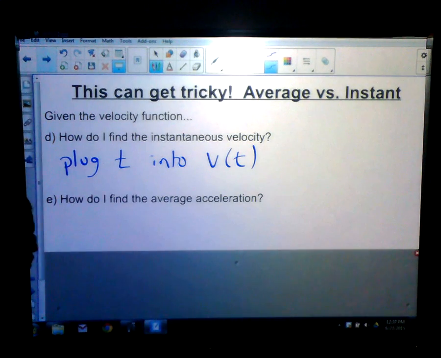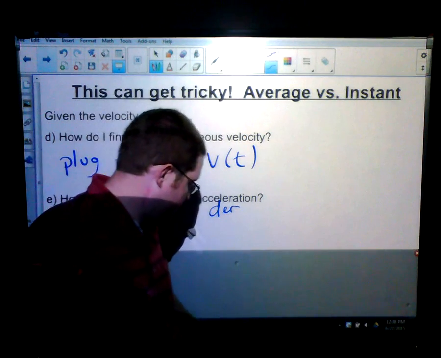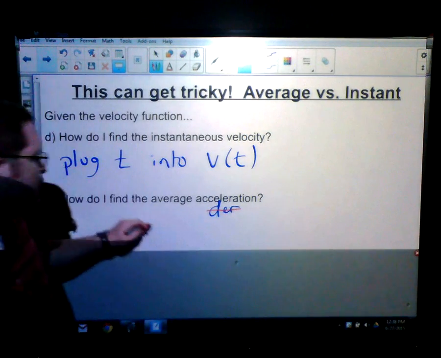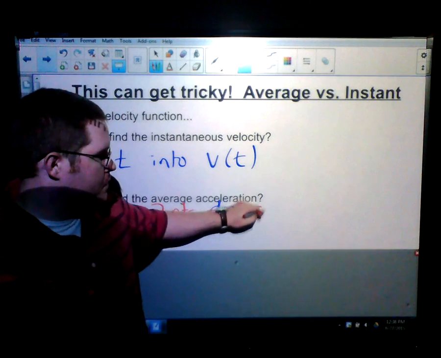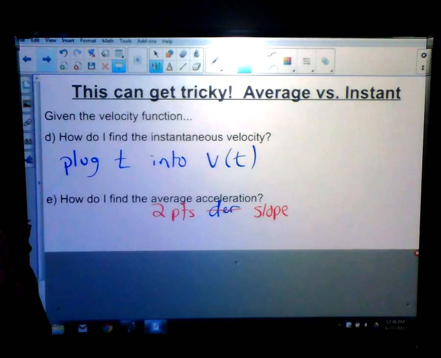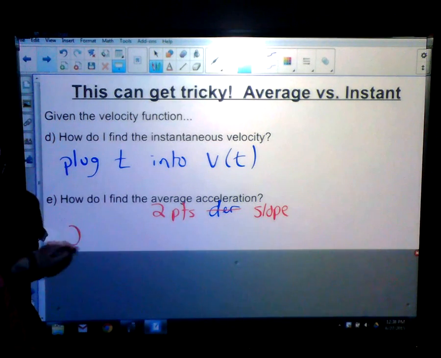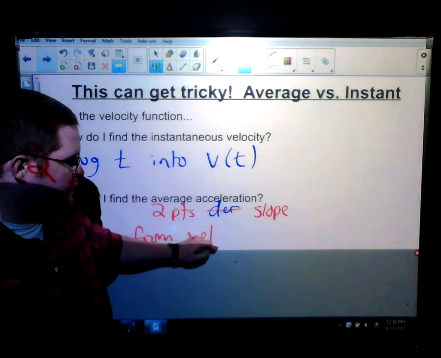How do I find average acceleration? Well, normally I would take the derivative. But because it's average, I want the slope between 2 points. Now, which function do I plug those points into to get it? Well, if I have velocity, I want 2 points from the velocity equation.